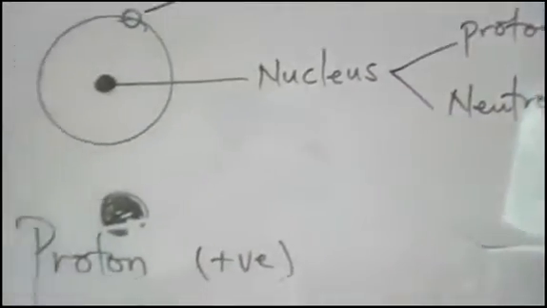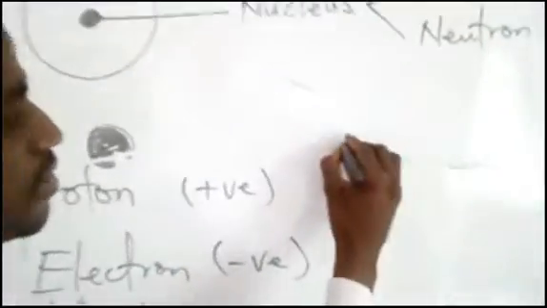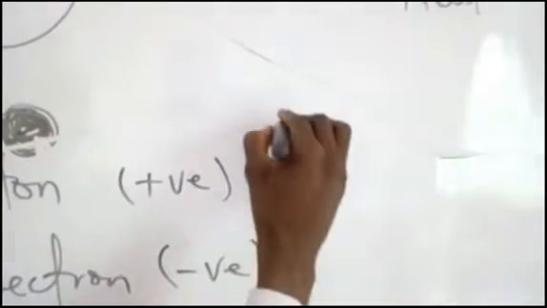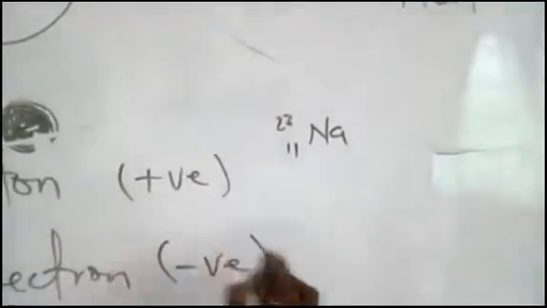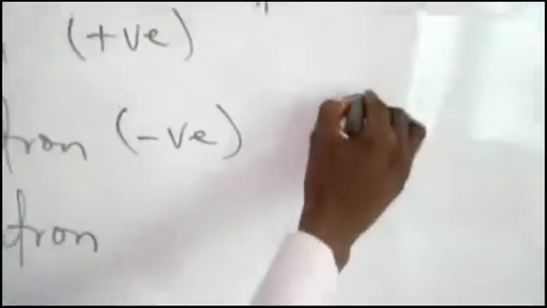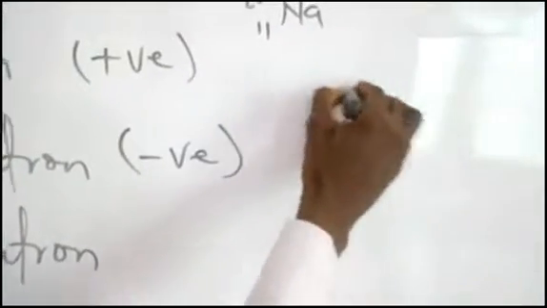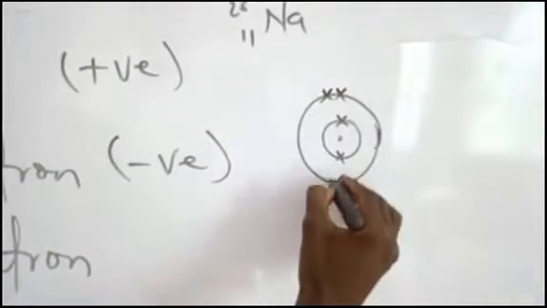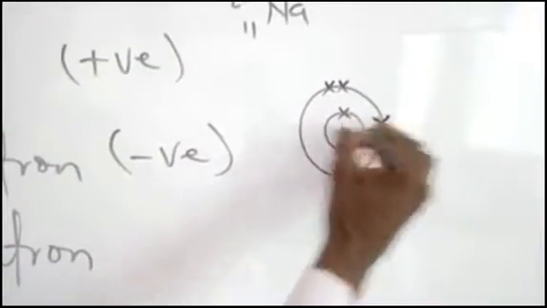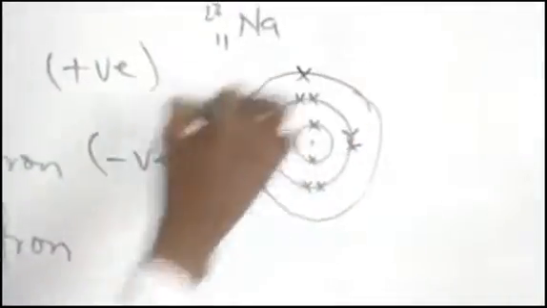Let us take the sodium atom for example. Sodium has an atomic number of 11 and a mass number of 23. If you are drawing the structure, in the K shell you are going to have 2 electrons, in the L shell 8 electrons, and in the M shell 1 electron.